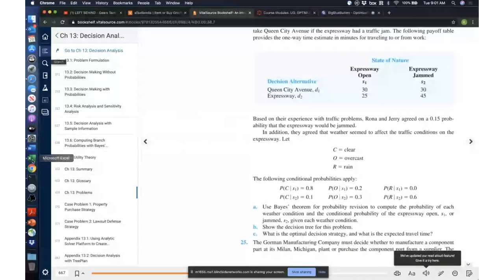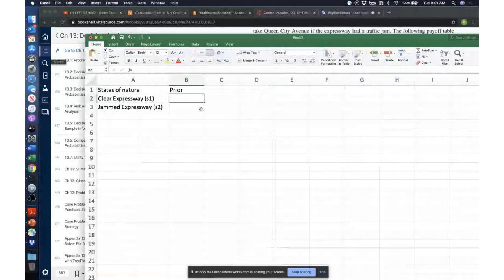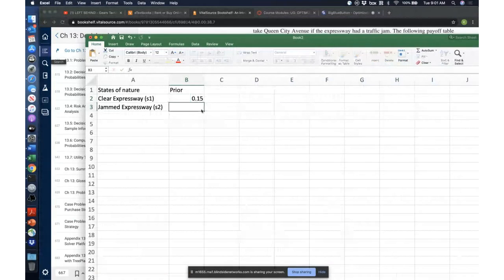So their prior estimation is that there's a 15% chance that the expressway will be jammed, and an 85% chance that the expressway will not be jammed. And then we had conditional probabilities.